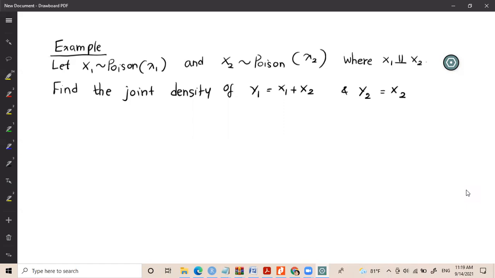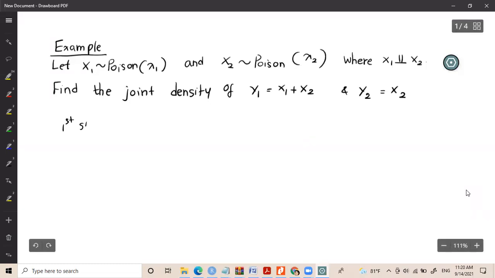So when you have Poisson distributions X1 and X2, you can easily write the marginal densities because it's given, it is Poisson. You can multiply the marginal densities and get the joint density. And in that joint density, wherever you see X1 and X2, you replace them with the inverse of these corresponding functions. Very simple. Okay. So what is the first step?